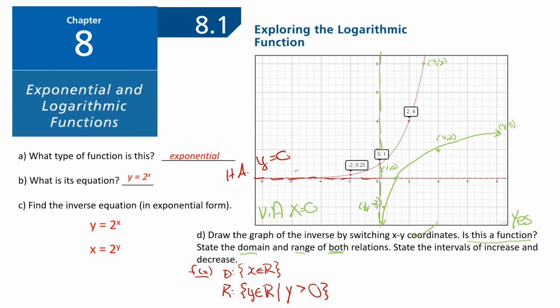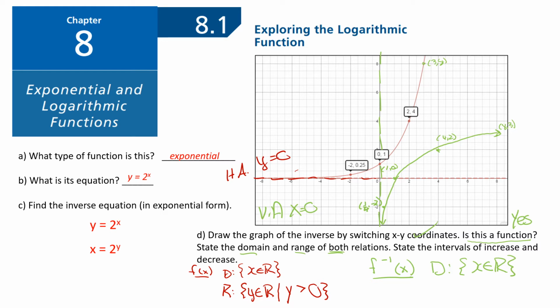Now on to our inverse function. Inverse notation looks like this. So this is our inverse. The domain first. Is x still an element of real numbers? When you look at the values here, x is an element of real numbers. Is that the end of the story there? No, look at those.